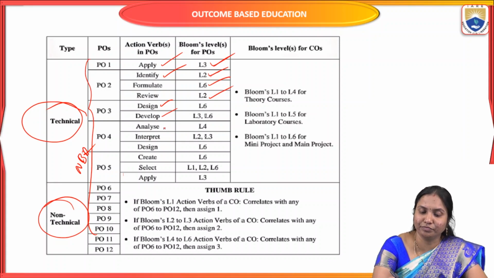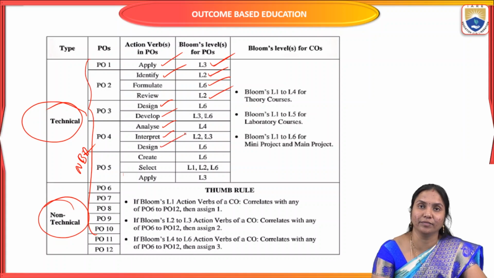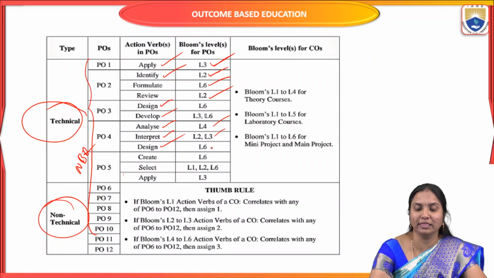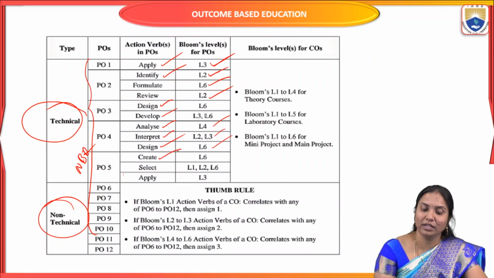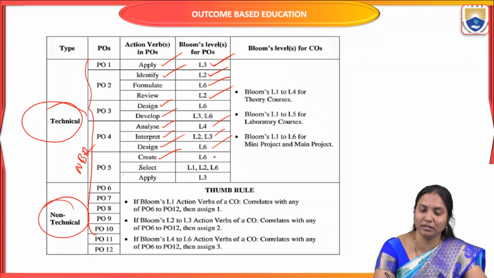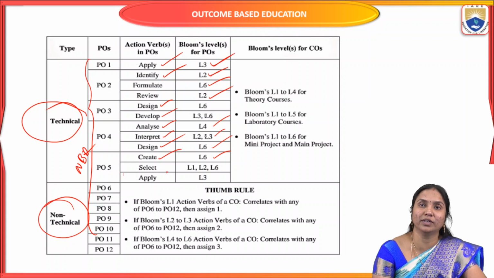In PO4 the action verbs are analyze, interpret, design, with levels L4, L2, L3, L6. PO5 action verbs are create, select and apply, so Bloom's levels are L6, L1, L2, L3. These PO1 to PO5 are used for technical and PO6 to PO12 for non-technical.